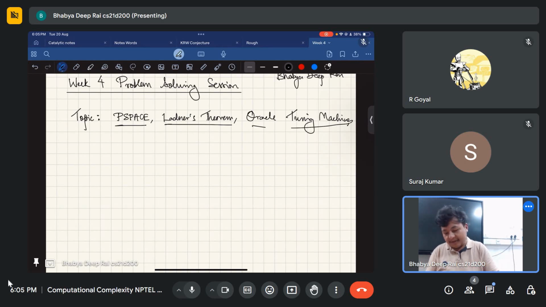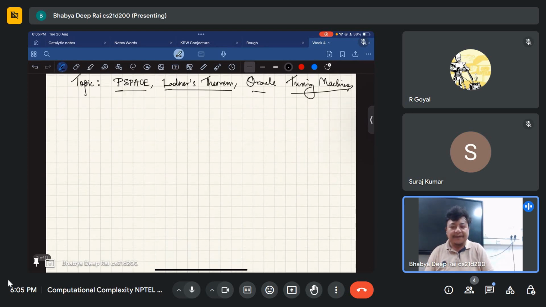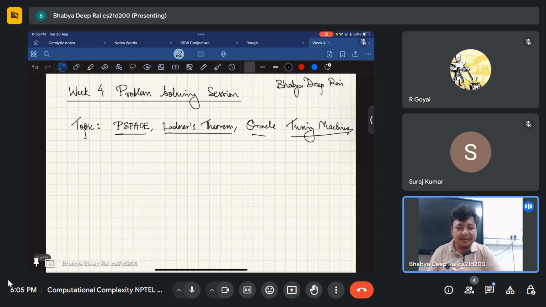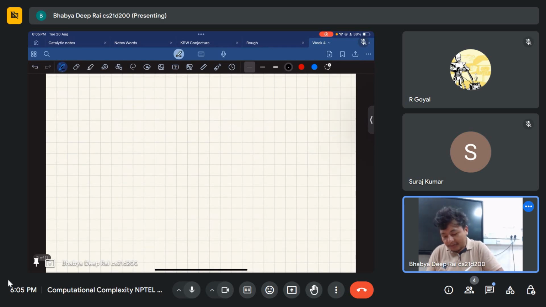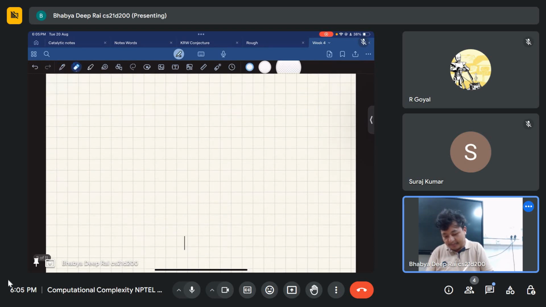I just want to give a bird's eye view of the landscape of the complexity classes. Firstly, let us look at the main problem, that is P versus NP. I want to draw a containment diagram, and I recommend you do the same.